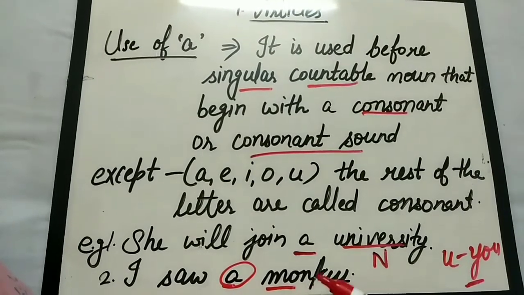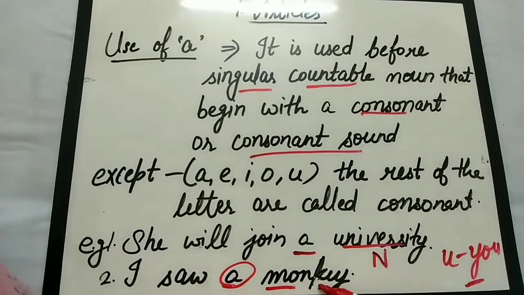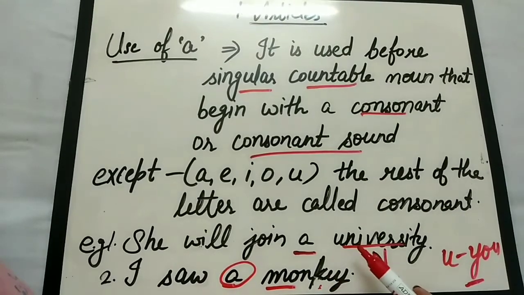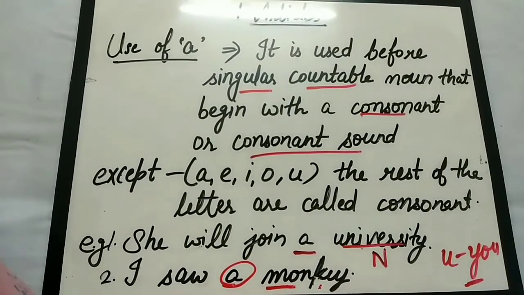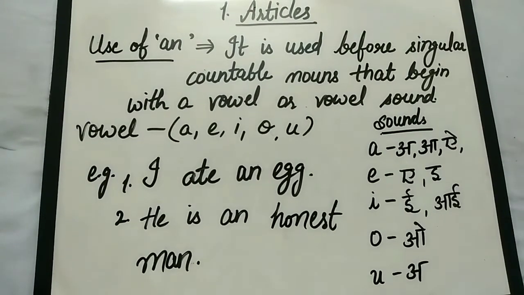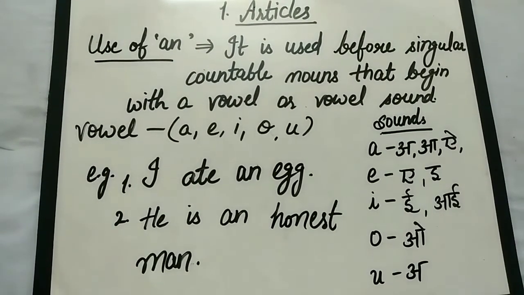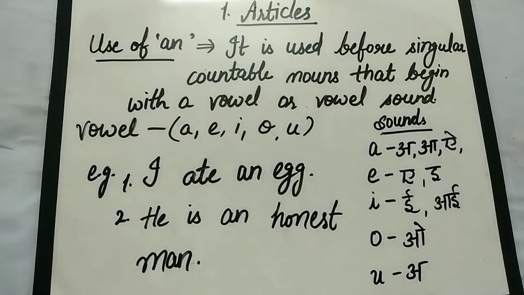It is always used before a singular noun, which is also countable, and which begins with a consonant sound. And next we are going to learn the use of an. It is also used before a singular countable noun that begins with a vowel sound.